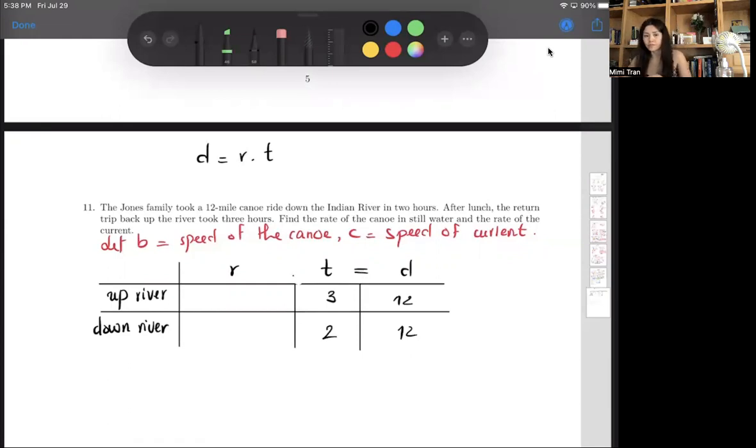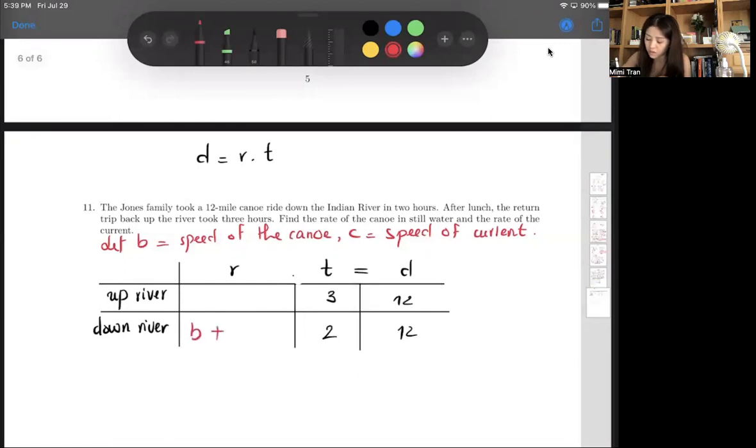So that means when they go down, they have the aid of the speed of the current, right? This helps them move along faster. So the rate when you go downriver is equal to the rate of the canoe, or the rate of the boat, which is B. Let's use red.